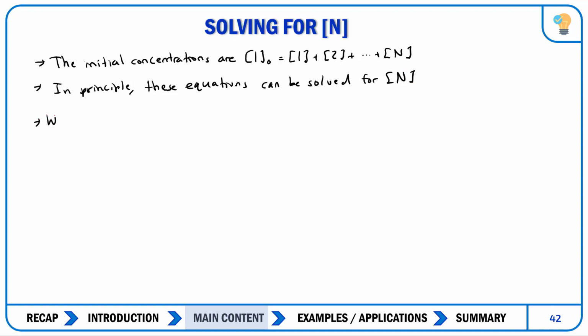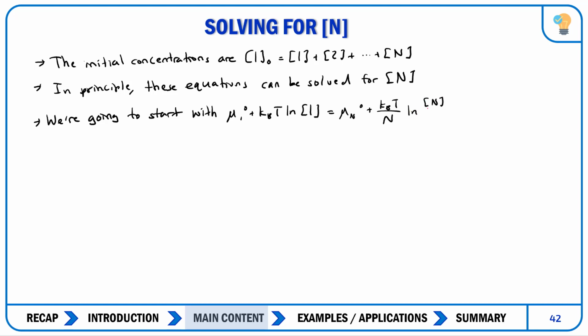So we're going to start with something we've defined already: mu1 naught plus kBT ln of c1 is equal to mu n naught plus kBT over n ln of cn over n.